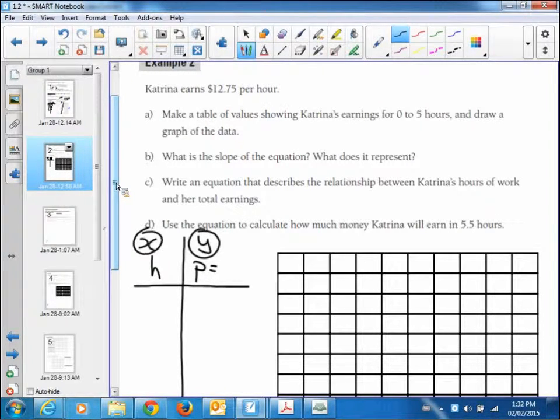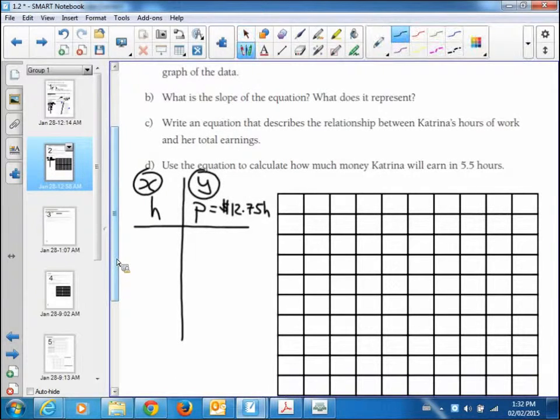And pay is really just $12.75 times the hours worked. So you guys come up with your 0 through 1, 2, 3, 4, 5. Come up with your chart. I'll give you a little bit to do that. Not too long. Just multiply by 1, by 2, by 3. We'll see where we're at.